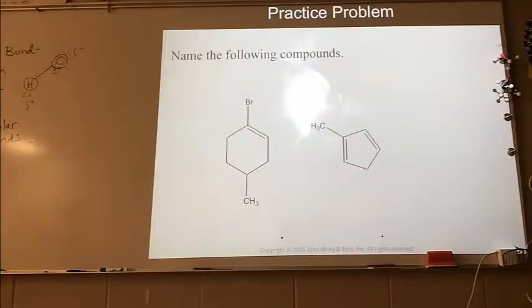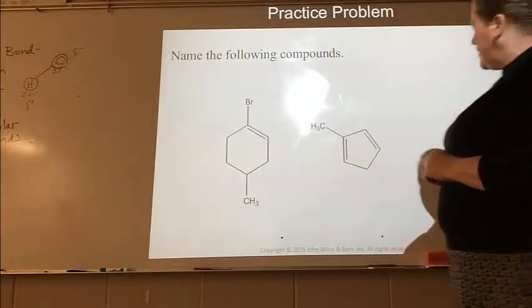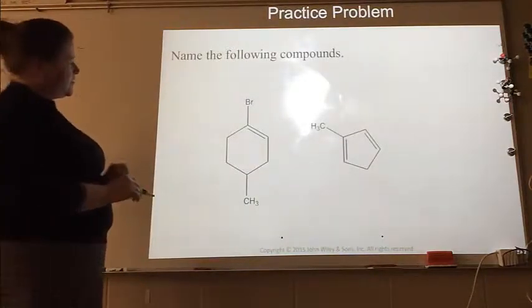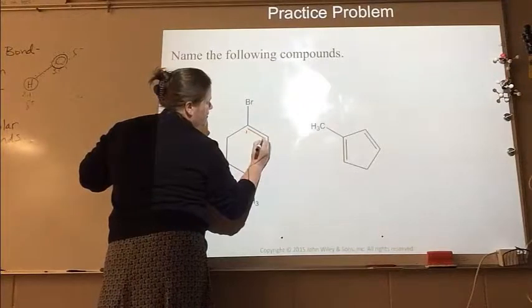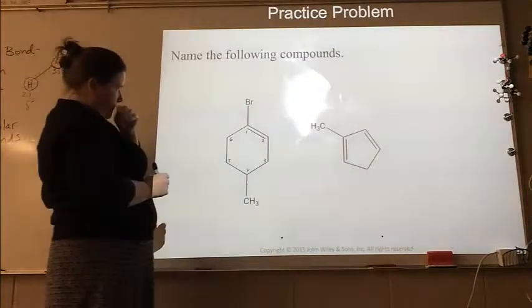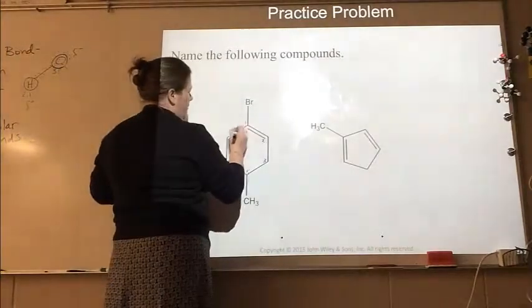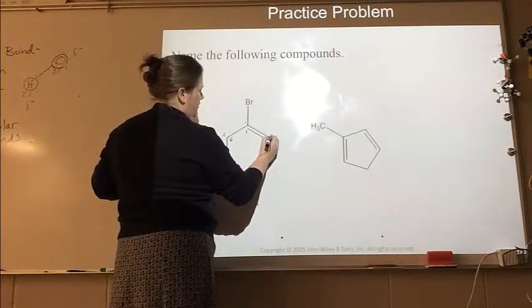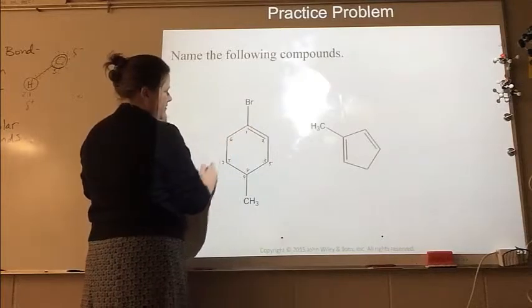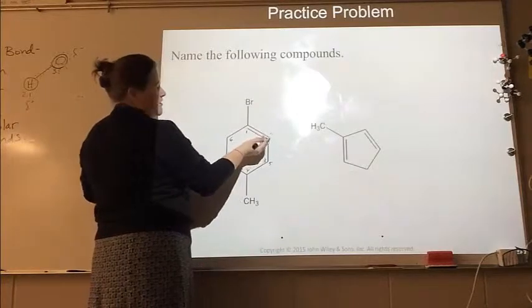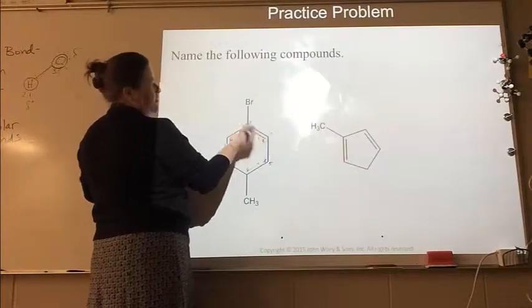So if we name these, as I'm numbering, I have to figure out how I have to number so I get the lowest numbers. These are my options: 1, 2, 3, 4, 5, 6. Or 1, 2, 3, 4, 5. Oh, I can't start the 1 there. If I were numbering in the opposite way, I would have to have 1 here, because that double bond always has to be between the 1 and 2.